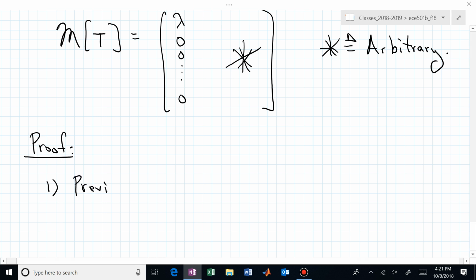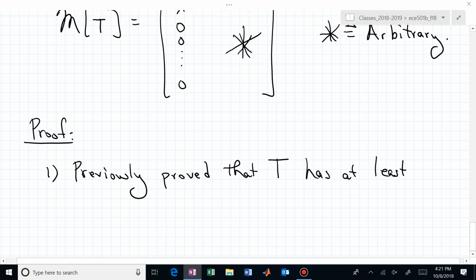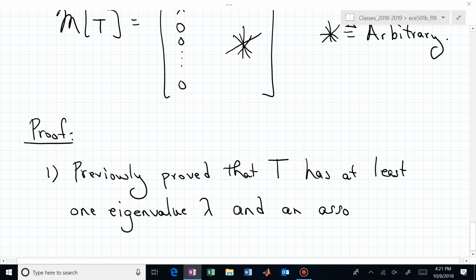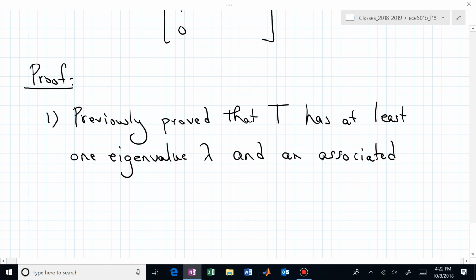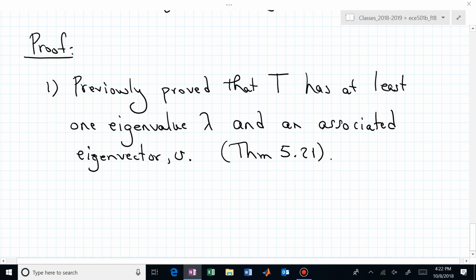So we previously proved that a linear operator T has at least one eigenvalue, lambda, and an associated eigenvector V. That was theorem 21 in chapter 5, that we can find at least one eigenvalue for a linear operator on a finite dimensional complex vector space.